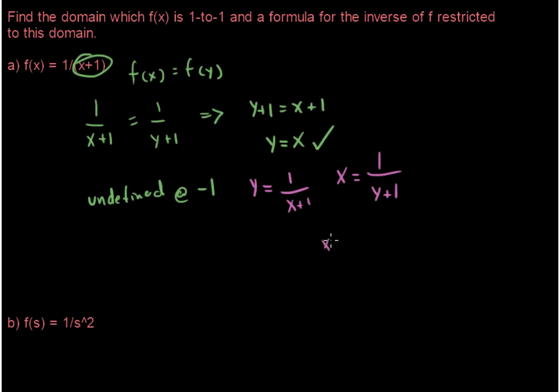That's going to give you x times the quantity y plus 1 is equal to 1, so y plus 1 equals 1 over x, and finally y equals 1 over x minus 1.